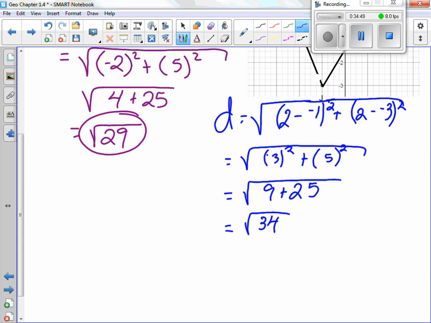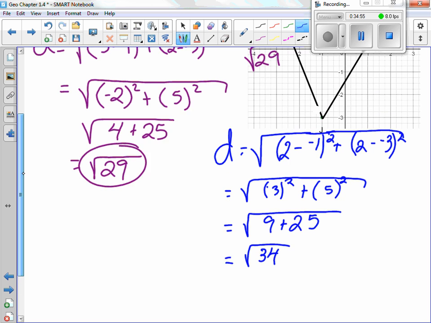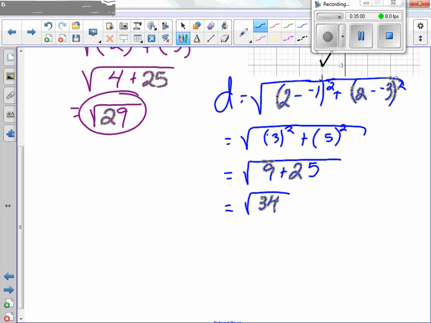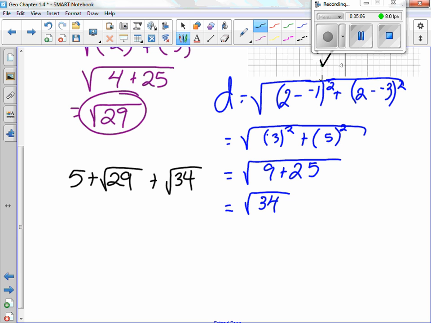Yep, we got to do it twice. Now we just add all of them together. So our 3 lengths are 5, square root of 29, square root of 34. So what would be our like terms? Is the square root of 29 the same thing as the square root of 34?